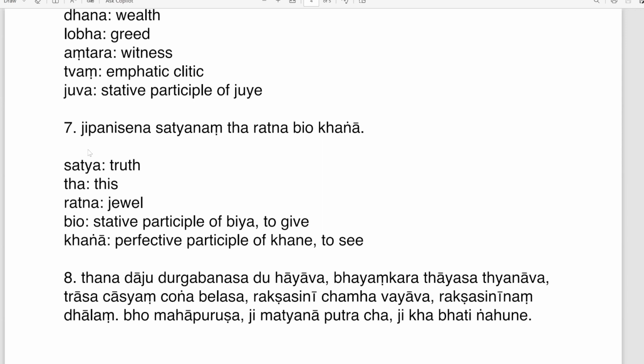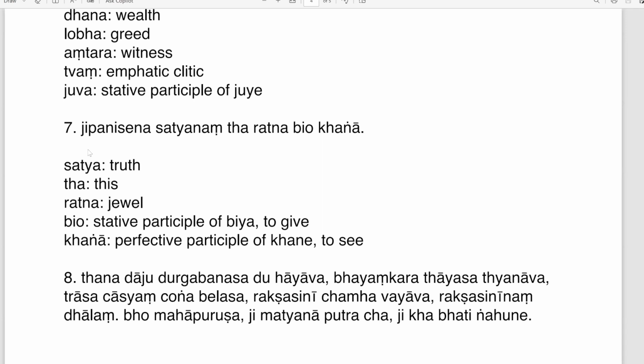So Ji Bani Sena is Ji, the first person pronoun, with Bani plural and Sena the ergative. And then Sachana is the truth in the ergative suffix no. So how do you translate Sadhyanam? The truth does something.